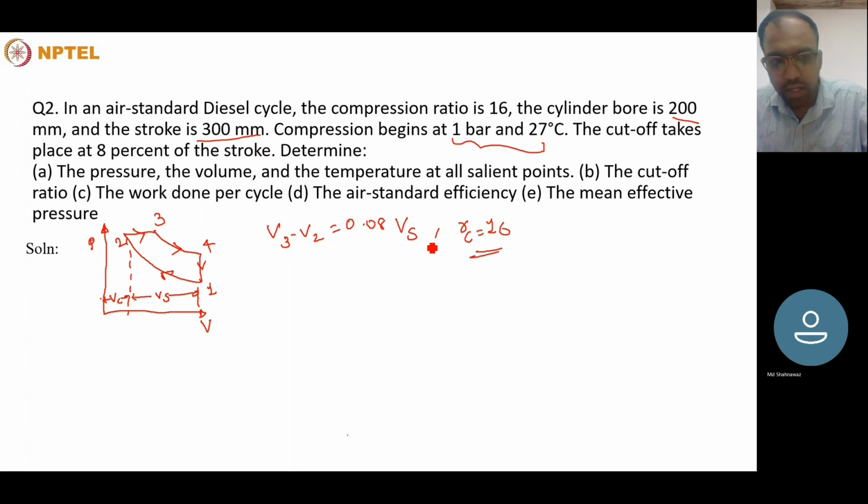Cutoff ratio is V3 by V2. We'll check once again what the cutoff ratio will be. V3 by V2 will be greater than 1, right? It will be somewhere around 2.2. Check once again. So I'll try solving this.